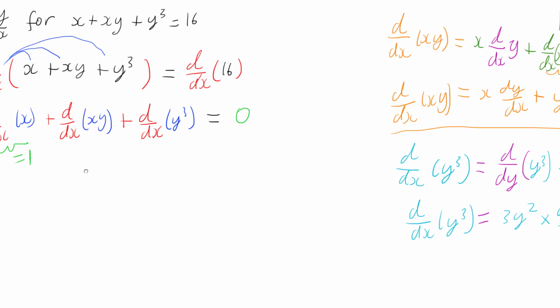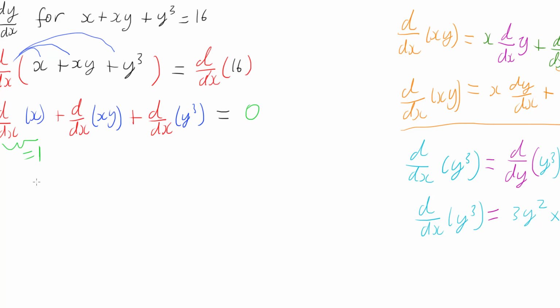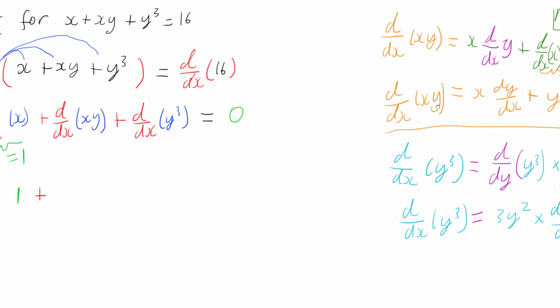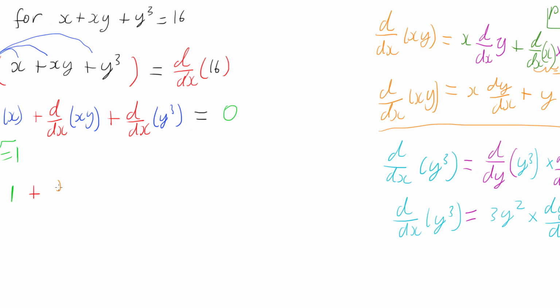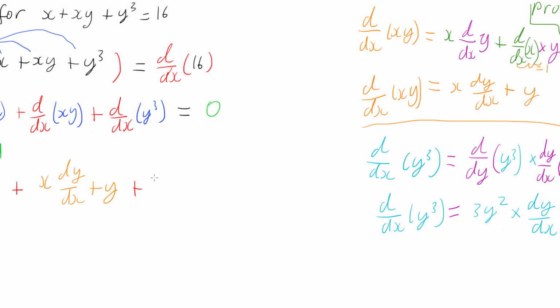I've got d/dx of x, which is 1, plus d/dx of xy, which is x dy/dx plus y, plus d/dx of y cubed, which is 3y squared times dy/dx, and that all equals 0.